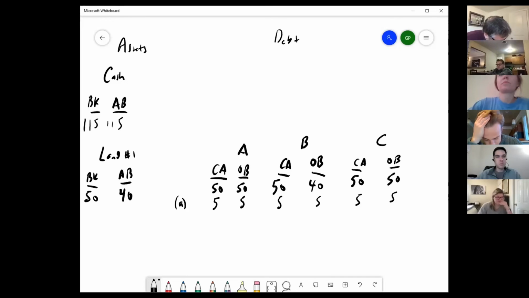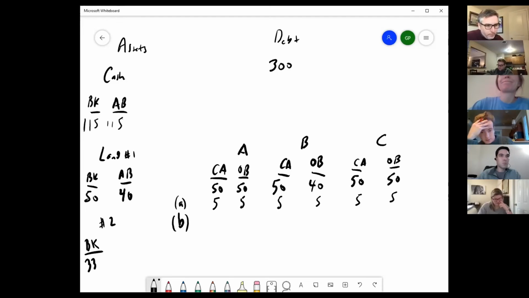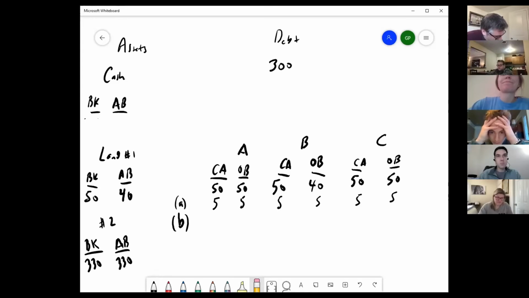The next thing that happens is the partnership borrows $300, takes 30 of its own cash, takes the 300 borrowed cash and buys land number 2 for 330. So the book value is 330 and the cost basis is 330. The cash goes down to 85.